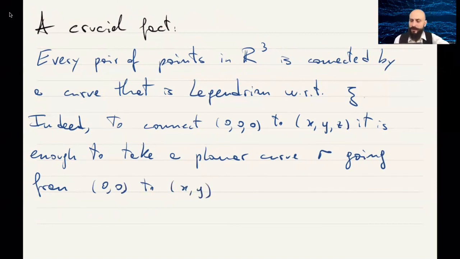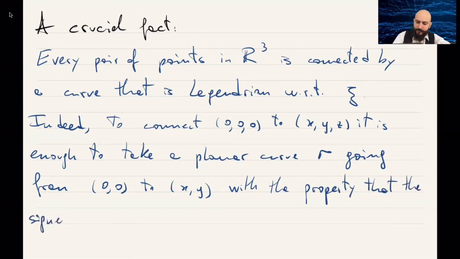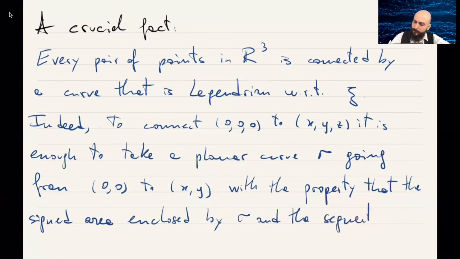We can just create a straight line, but we have to pay attention to what z is, with the property that the sine area enclosed by sigma and the segment from 0, 0 to x, y is exactly z.